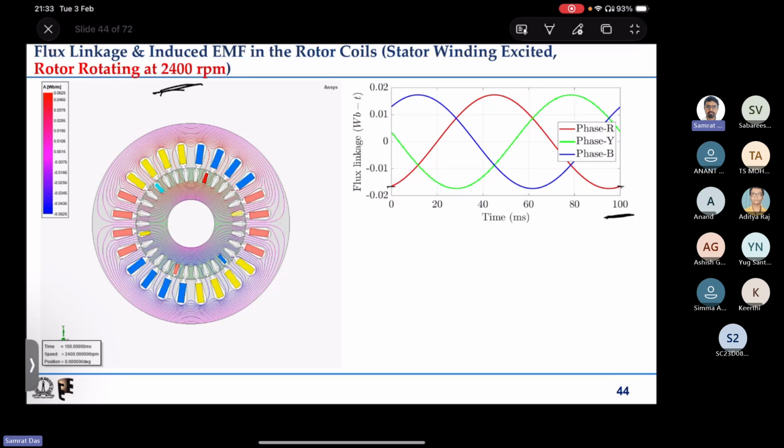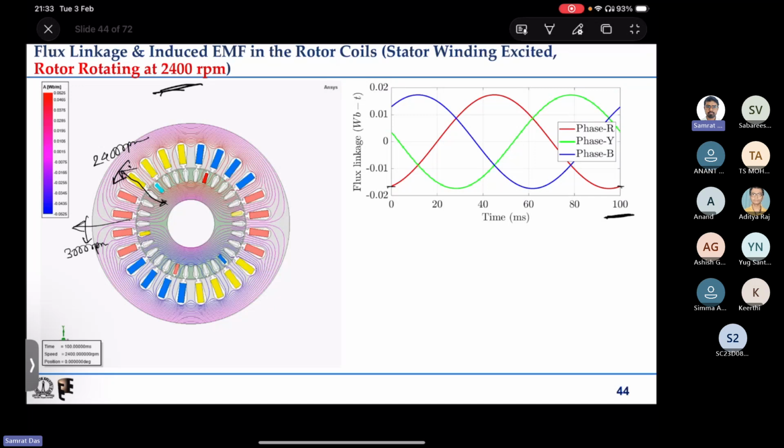Because that is the relative velocity of the rotor coils with respect to the stator field, because the stator field is running at 3000 rpm. Now the rotor, say, is rotating at 2400 rpm.